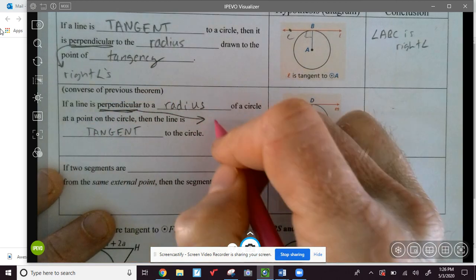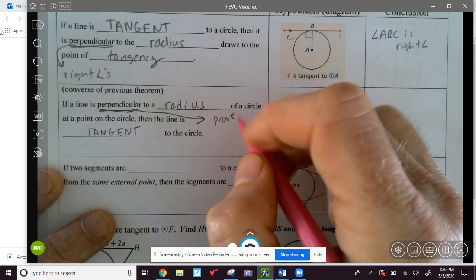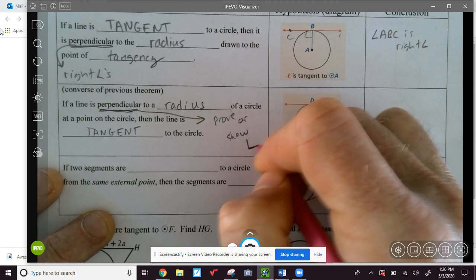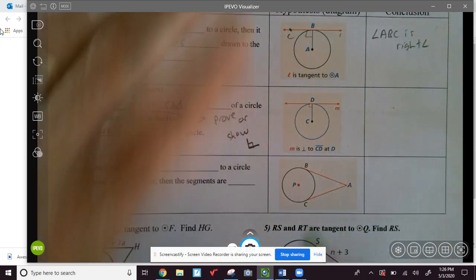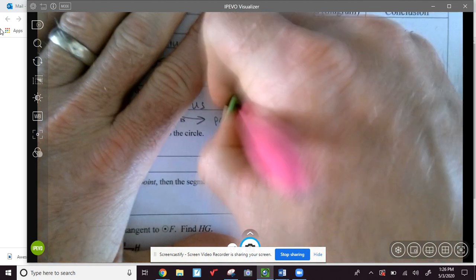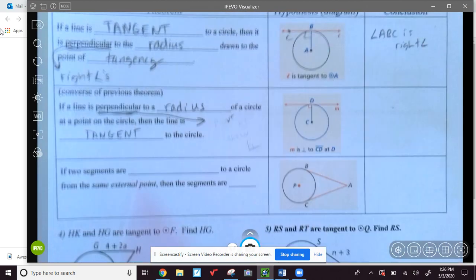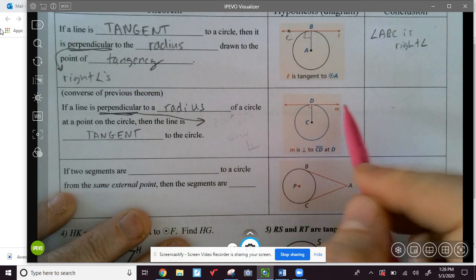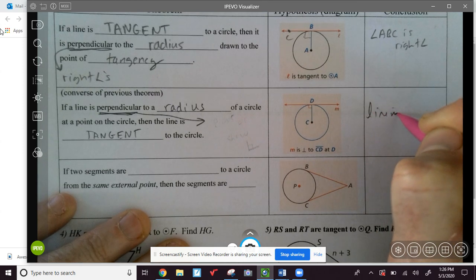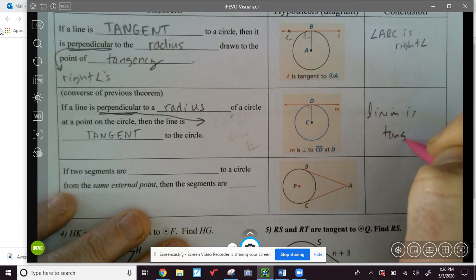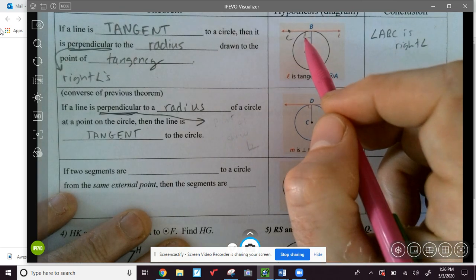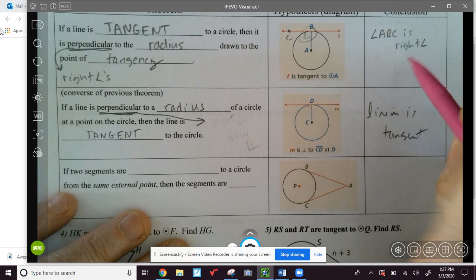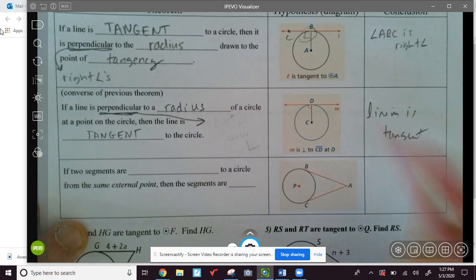So you have to prove or show right angles. If you see a right angle, you can conclude that line M is a tangent. If you don't see a right angle, then you have to prove that that's a right angle in order to say that we have a tangent here. We'll get back to that.